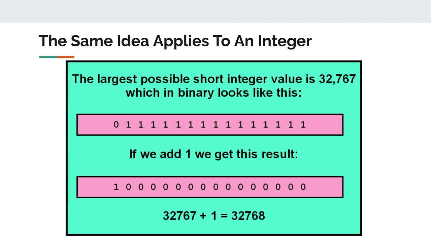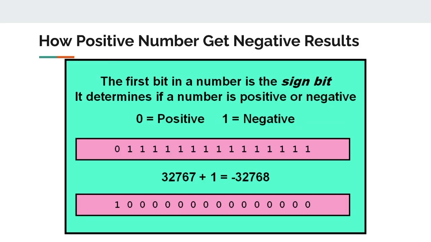Well, one would think that that would still be a positive result, but the way that Java and most computer systems deal with numbers is that the leading bit is actually a signed bit. And that's why in the previous slides we always noticed that the negative value was always 1 more in magnitude than the biggest positive value, and that the negative value was always an even power of 2.